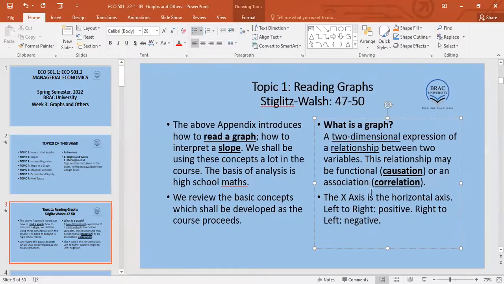Or it could be just an association. There's just a pattern. ঠিক আছে? সেটাকে আমরা correlation বলি। আচ্ছা, the x-axis is the horizontal axis, and we've already mentioned this, that we are wired to see a left to right movement horizontally as positive, right to left movement as negative.